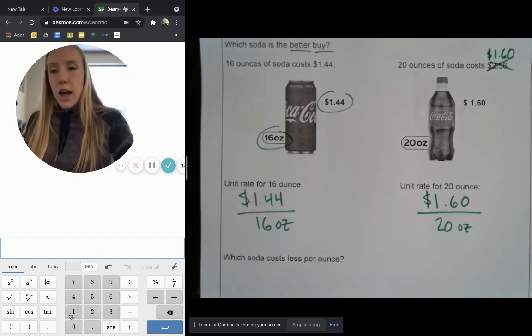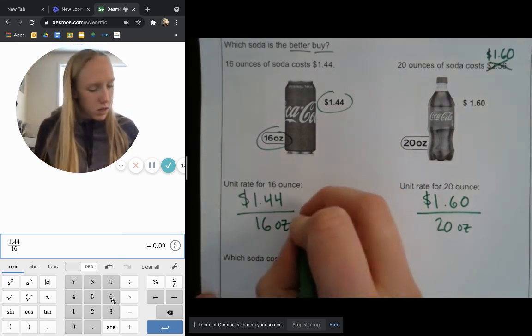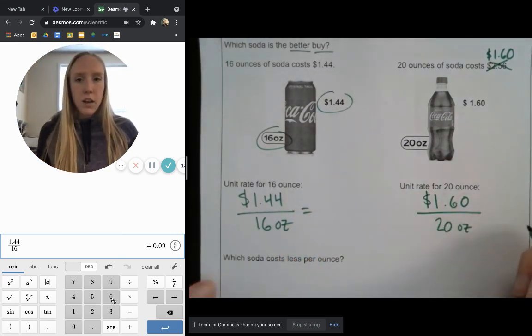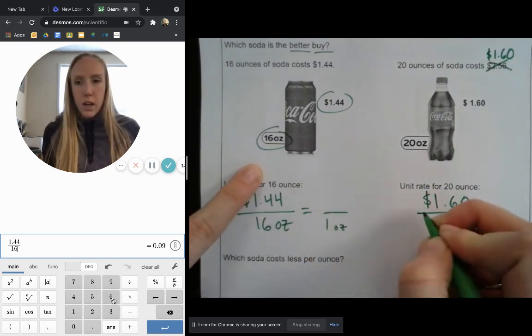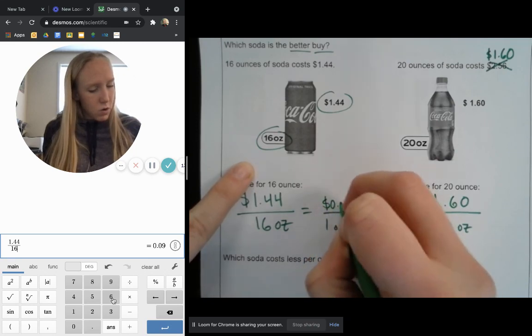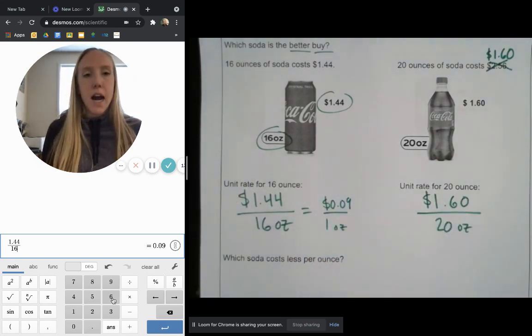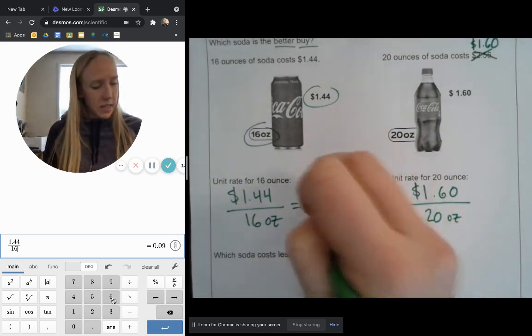So I'm going to go ahead, $1.44, I want to be really clear, divided by 16. Okay, so per ounce, this soda for 1 ounce is 0.09, which means 9 cents. So this soda is 9 cents per ounce.